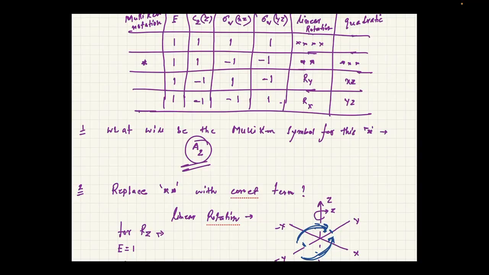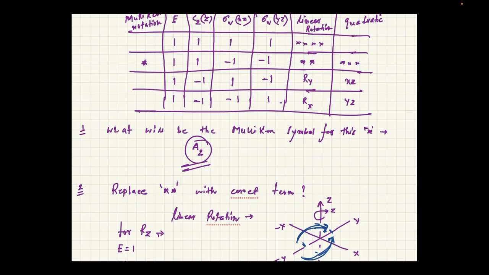It is also easy if you just do x and y individually, and then multiply them. The identity element E has character 1. Then C2 z means performing a 180 degree rotation along the z axis, so x will become minus x, y will become minus y, and if you multiply minus x and minus y, then it will be xy.